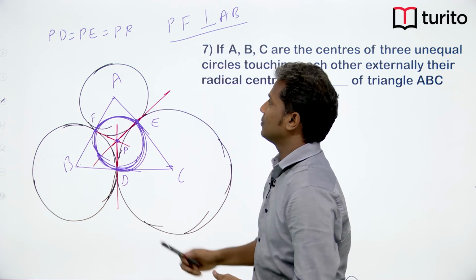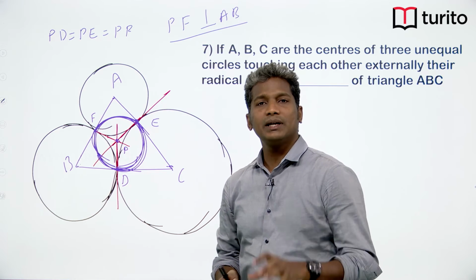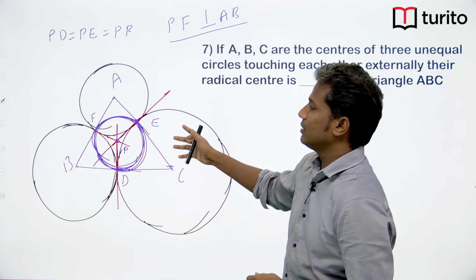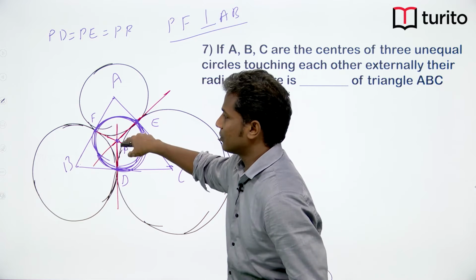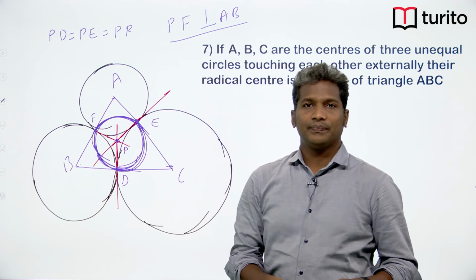Okay. So, if they are touching externally, then the radical circle, which is the fourth circle that we have drawn here, is going to be the incircle. Okay.